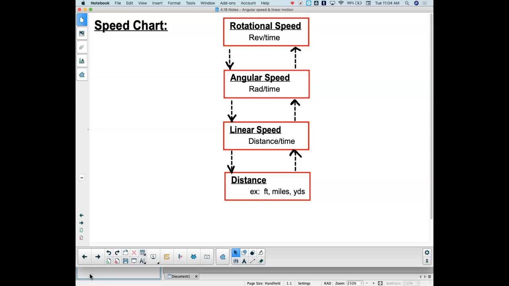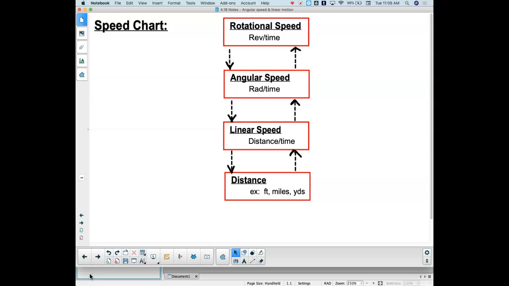Okay? So you should have watched a video up to this point in time about the speed chart that is up here on the board. Okay? So we have 3 different kinds of speed, and then from speed we can find distance.